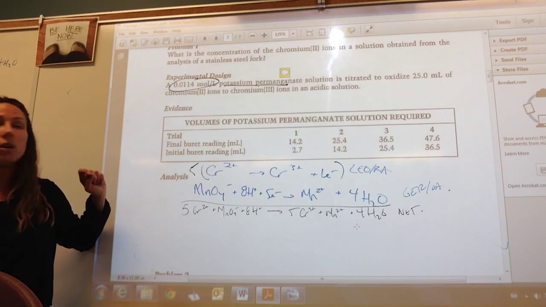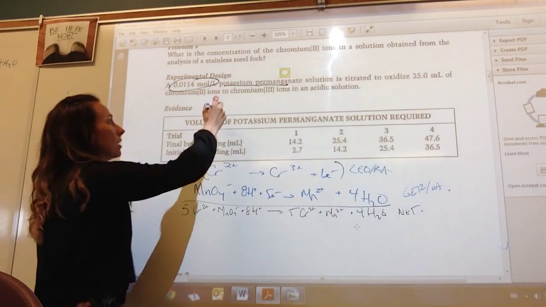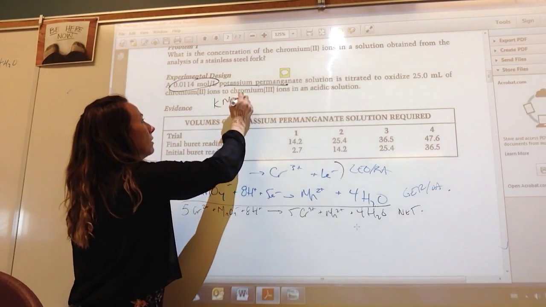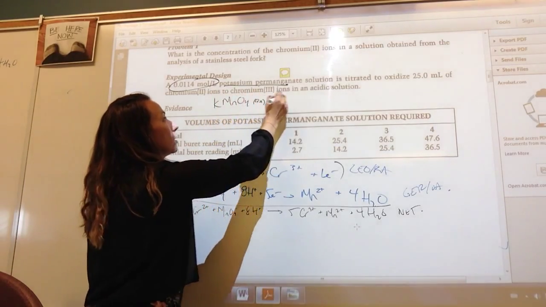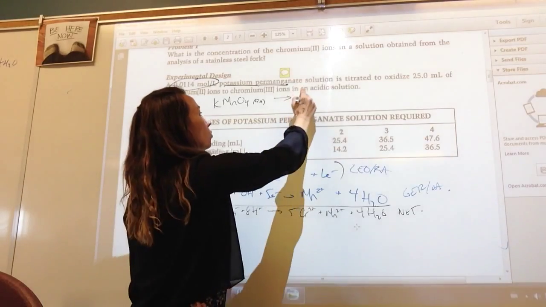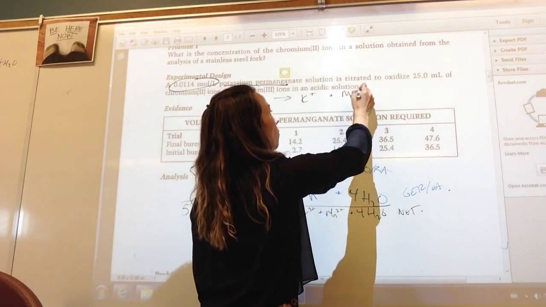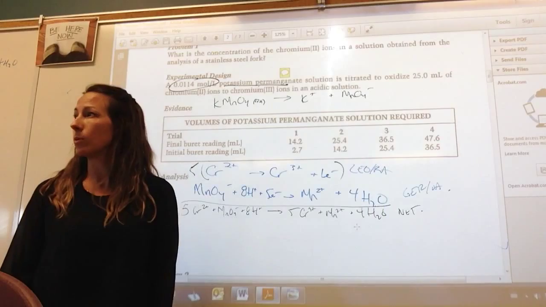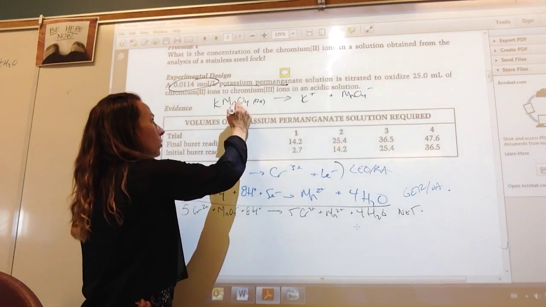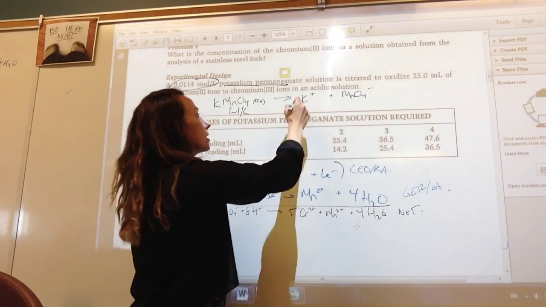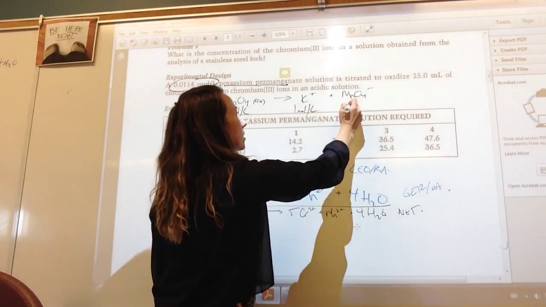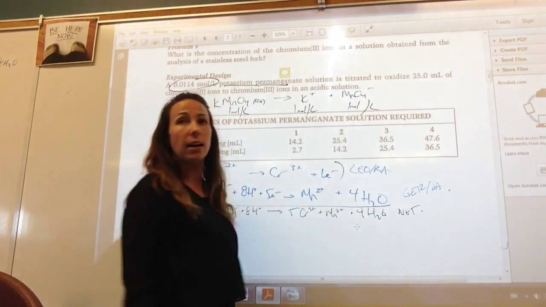Do you remember in Chem 20 writing this down? Potassium permanganate aqueous will dissociate into a K plus and an MnO4 minus. Do you remember doing that? And do you remember 1 mole per liter of this dissociates into 1 mole per liter of this and 1 mole per liter of that?